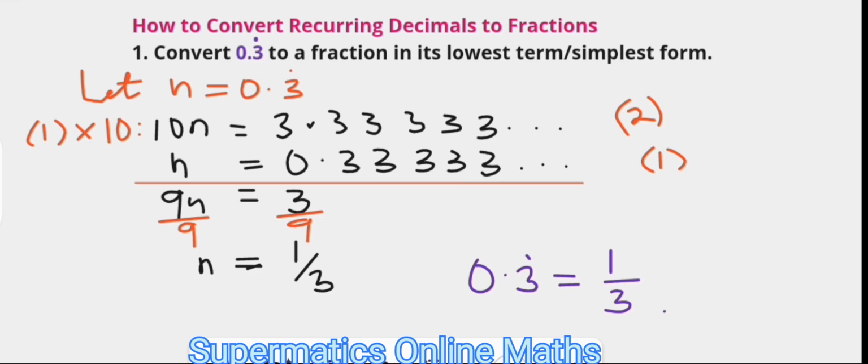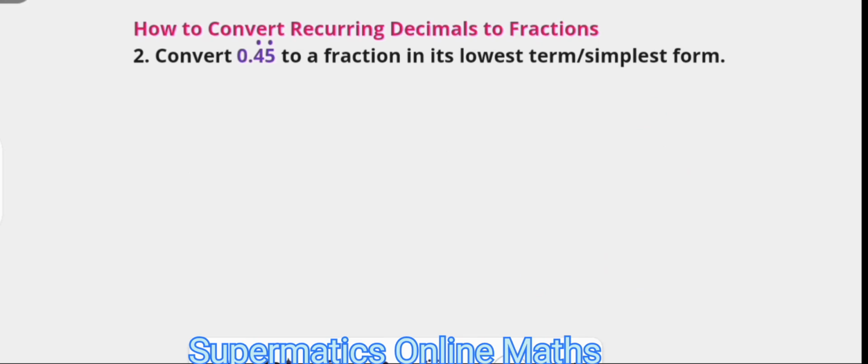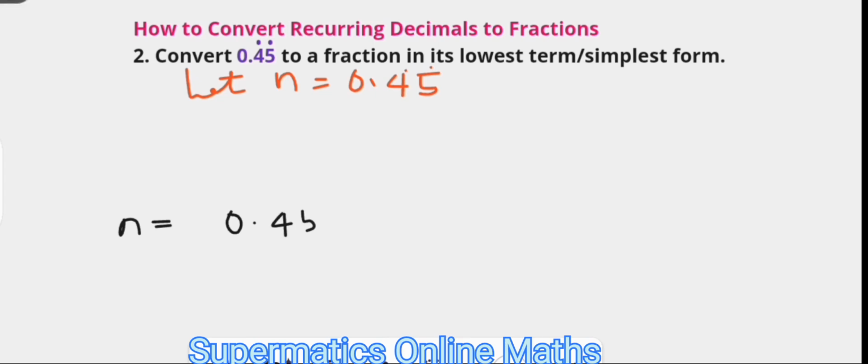Simple, isn't it? Now don't go yet. We still have more examples to show you how to get this done. The next one is 0.45 with the 4 and 5 recurring. So as usual, we let n be 0.45 recurring. And this simply means that n is 0.4545 that goes on just like that.